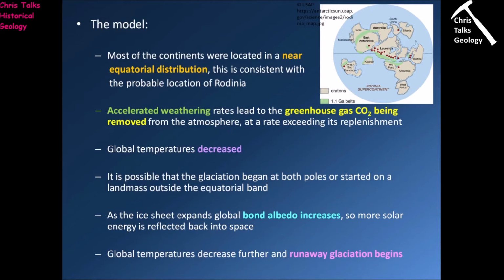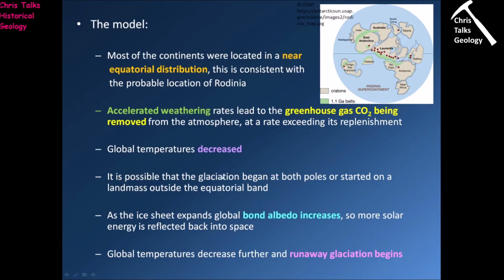Forming an ice sheet on open water is actually rather complicated. So this means that there is the possibility the ice sheet started at one or both poles, but there's also the possibility that maybe the ice sheet actually started on one of the more southerly or northerly continental landmasses, maybe something like Siberia or West Africa here, and then it grew out over the rest of the continents. We aren't 100% sure about where the ice sheet started.